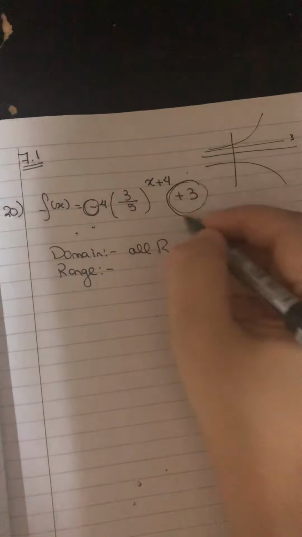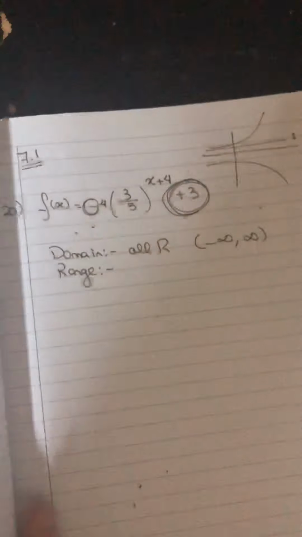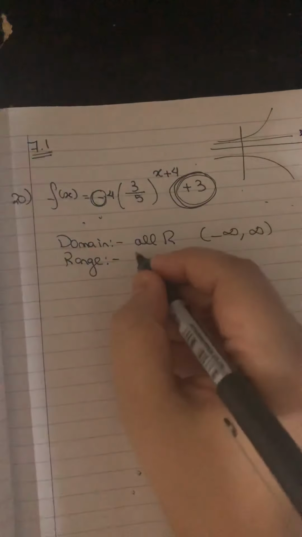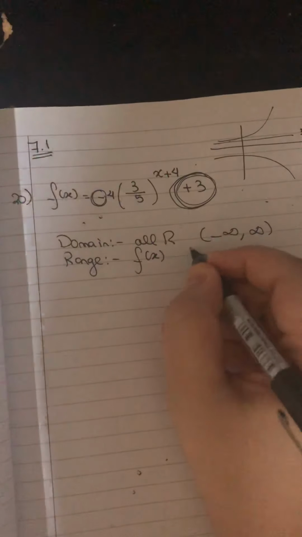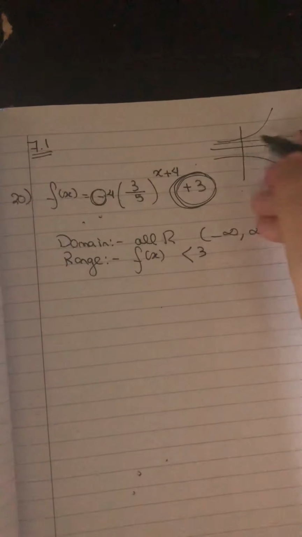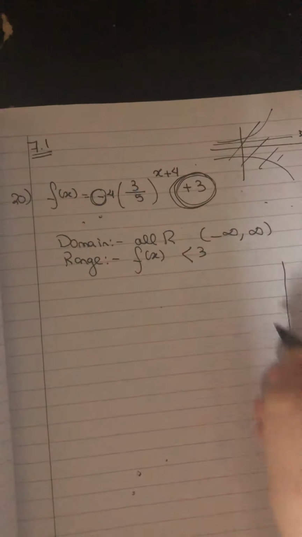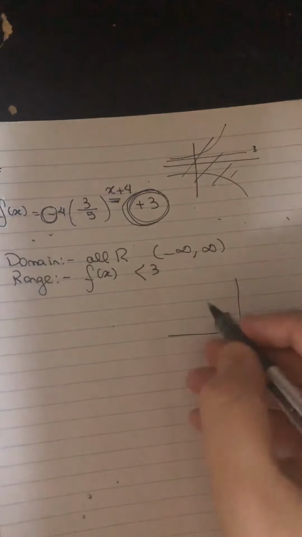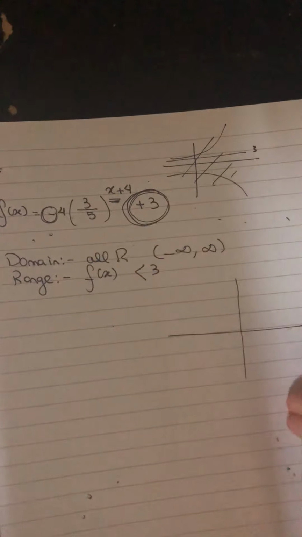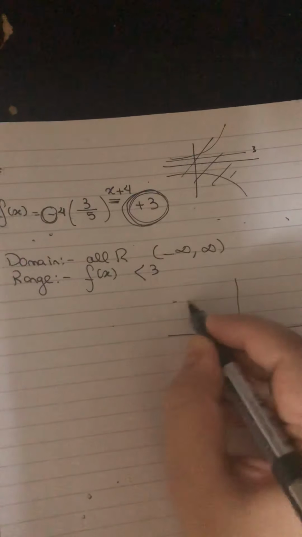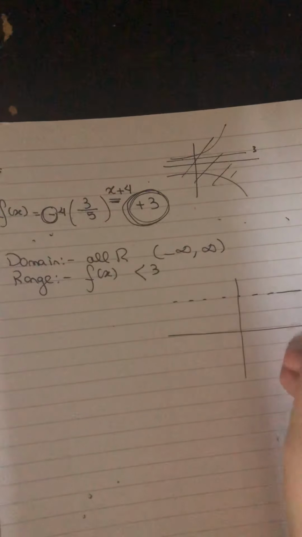So I would take this number and say then the range is f of x less than 3. Okay, so again, if the graph, for example, I've moved it 3 units upwards, there is a movement right and left, but it does not affect me in my domain anyways. So I moved my asymptote that was y equals 0 to, for example, y equals 3.